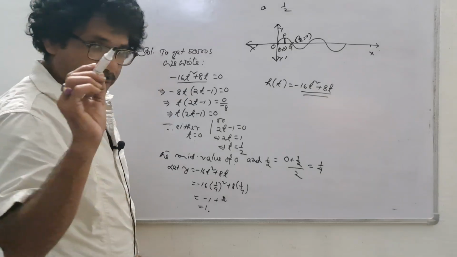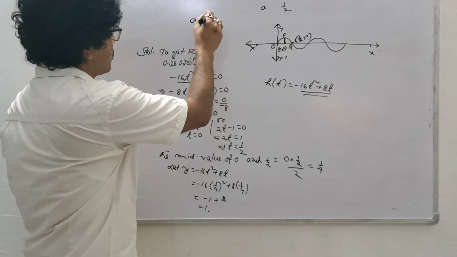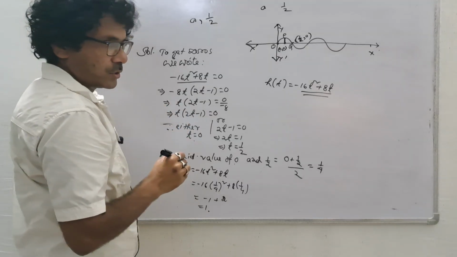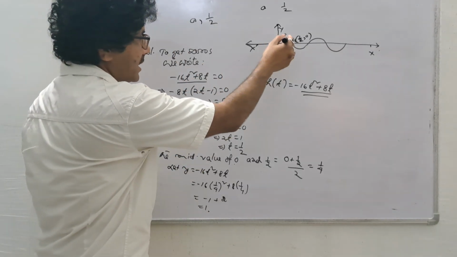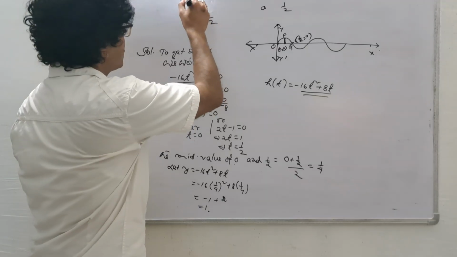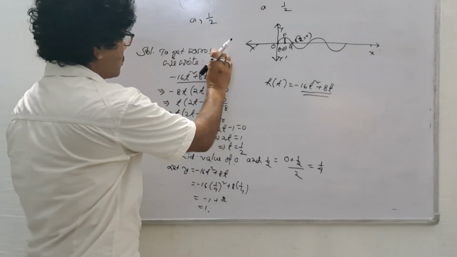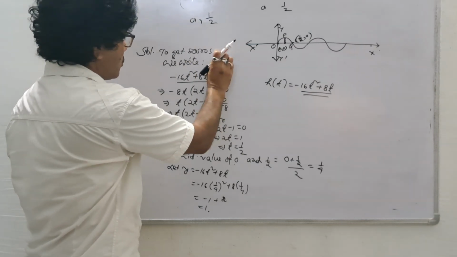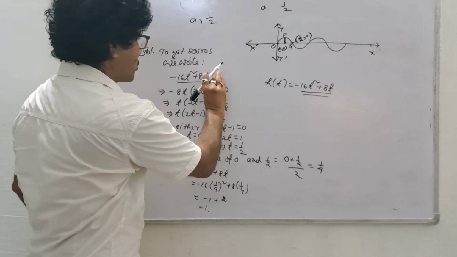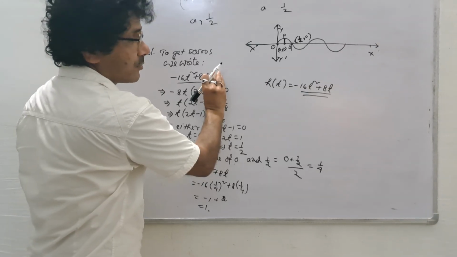Okay. For your clearance, you see, zeros we are getting, 0 and half. These are the zeros. So what will be the points at which the curve intersects the x-axis? So these zeros are the values of x. So what will be the y value? If I put t equal to 0 in this polynomial, minus 16 t square plus 8t, you will get the value of y.